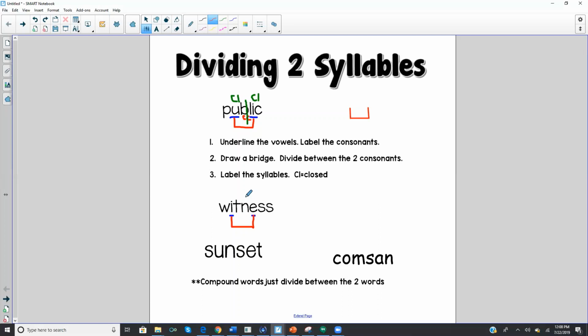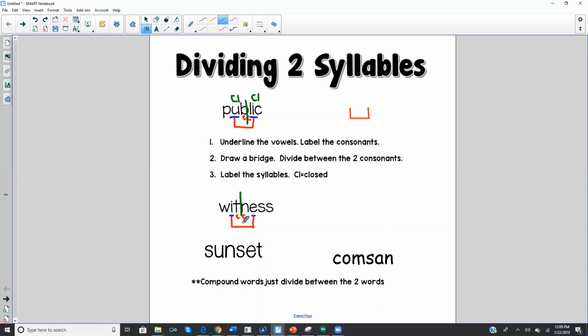T and N. So I'm going to label those: consonant, consonant. Now the next thing I'm going to do is draw a line between those two consonants. So I'm going to go ahead and grab a green here, and I'm going to draw a line between those two consonants.